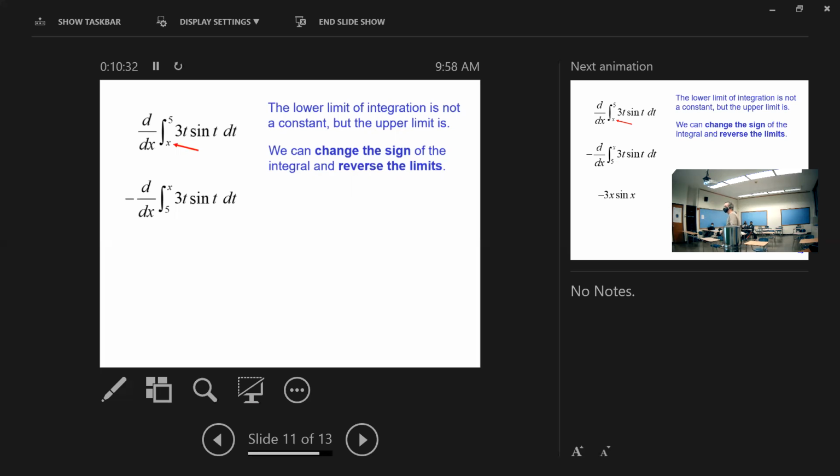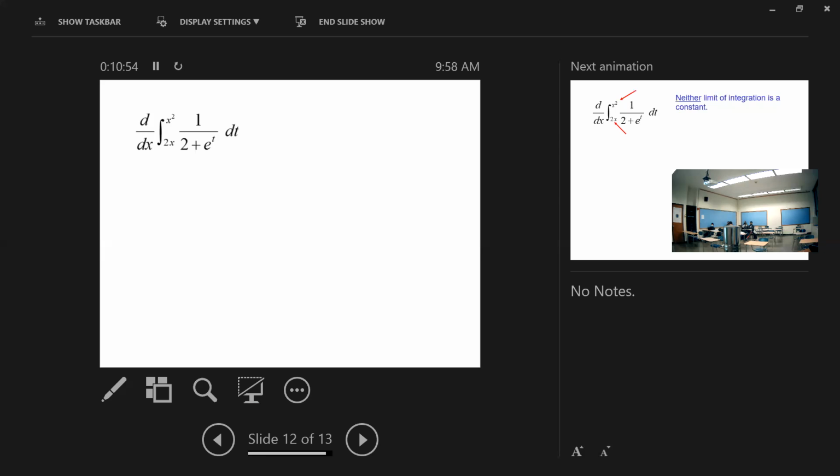Properties of integrals: if we reverse the limits, we get the opposite answer. Okay? What would that take you to? Good. Done.